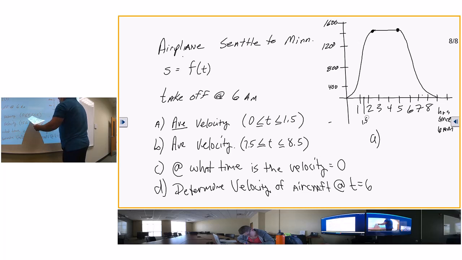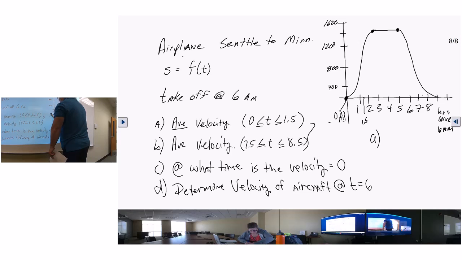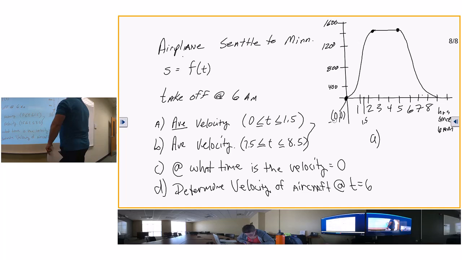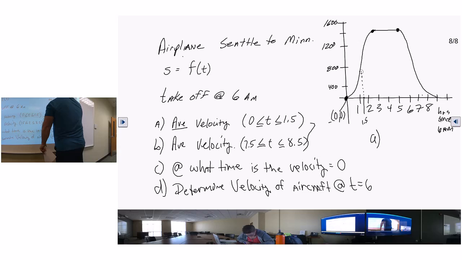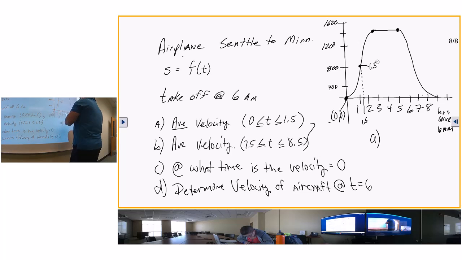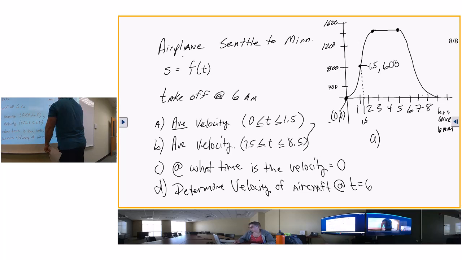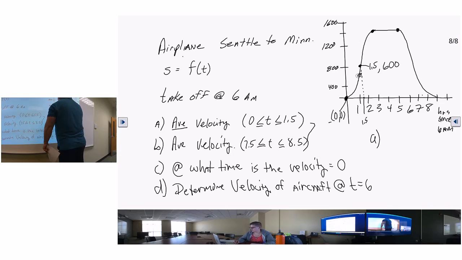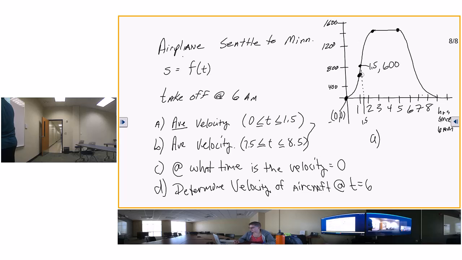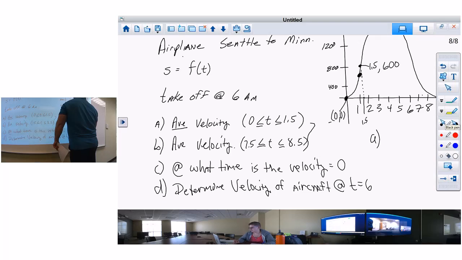And t is between 0 and 1.5. So this point at 0 is 0 comma what? 0. And this point right here is 1.5, and I'm going to give you the actual value, should be 600. So I'm a little bit off, I'm sorry. It's right here, 600. Y'all get the point, I hope.